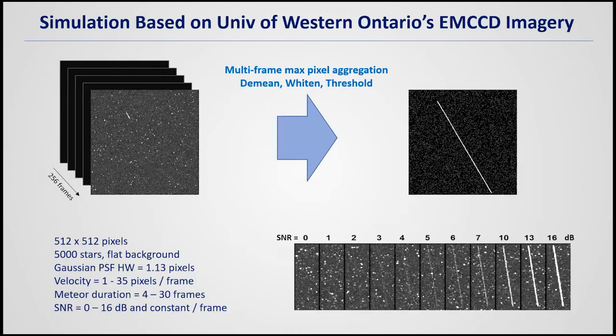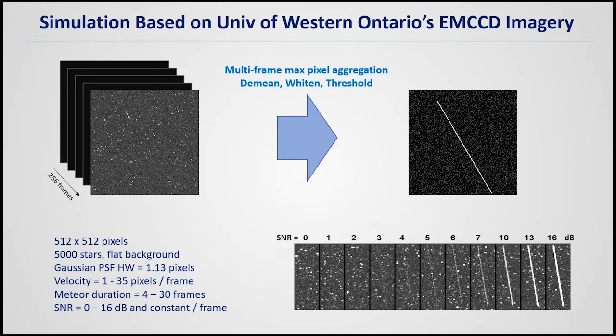So we tested this out on a simulation, which was based on the University of Western Ontario's low light EMCCD imagery set. But this is simulation based. It's pretty benign. It's just got white Gaussian noise in it. It does have stars. It has a Gaussian point spread function typical of the imagery that we were looking at.